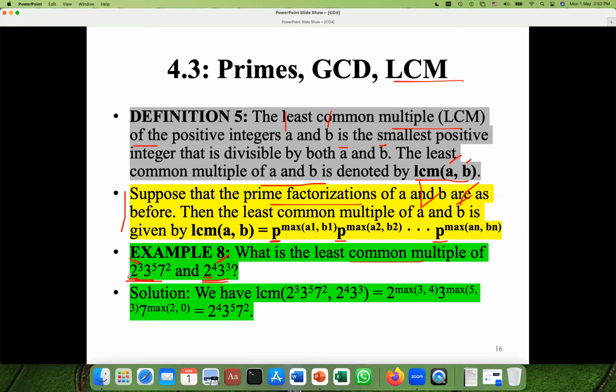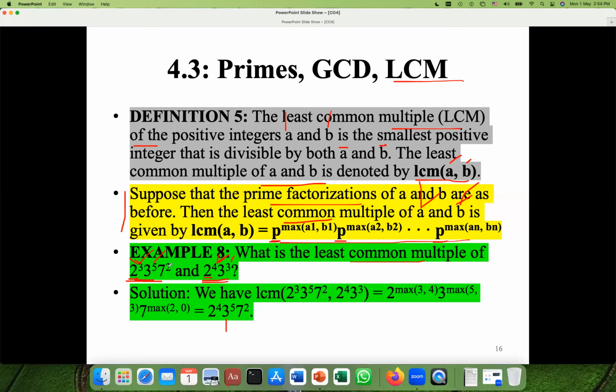So this is easy, but this is the formula. You have to keep the same prime factors together, and then you have to keep the maximum between their powers. What is the maximum power of 2? 4. What is the maximum power of 3? Between 5 and 3, the maximum is 5, which you are keeping.